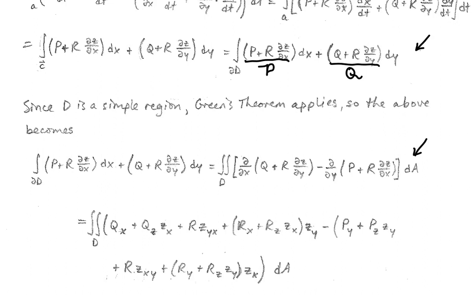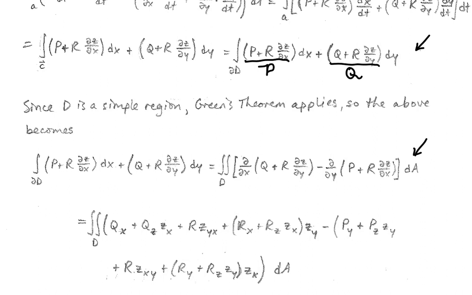We get the partial of q with respect to x, and also, because this is a chain rule, q is a function of x, y, and z, but z is a function of x and y. So when we take the partial of q with respect to x, we are using a chain rule there.